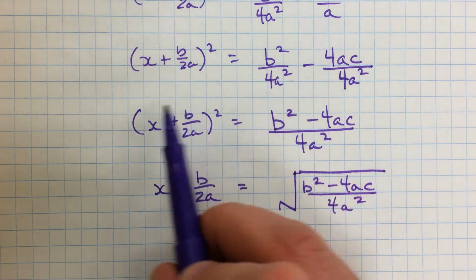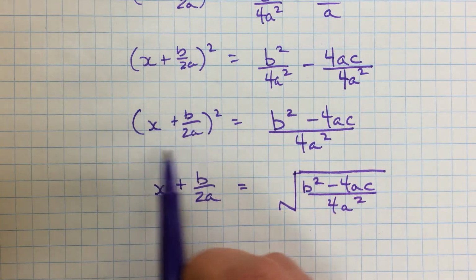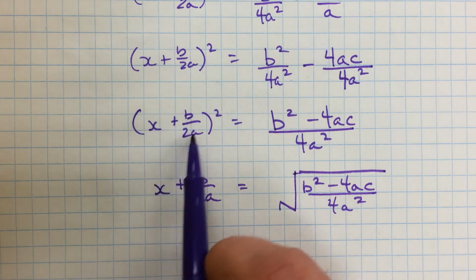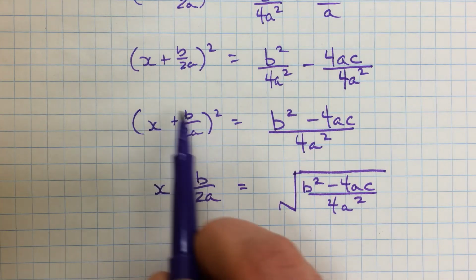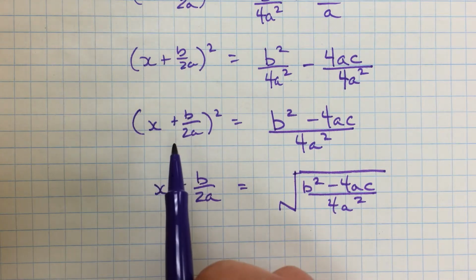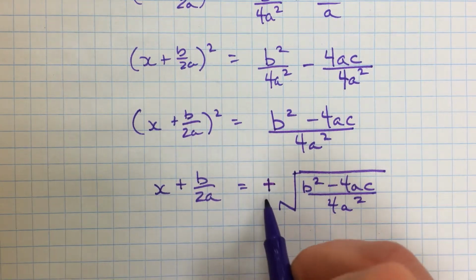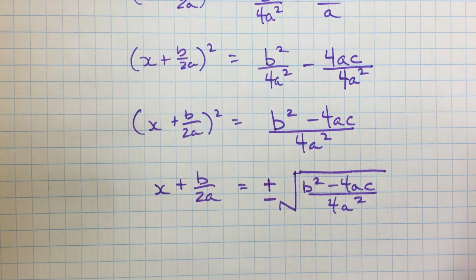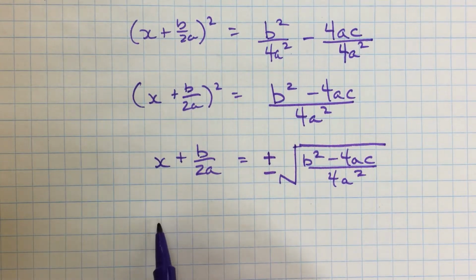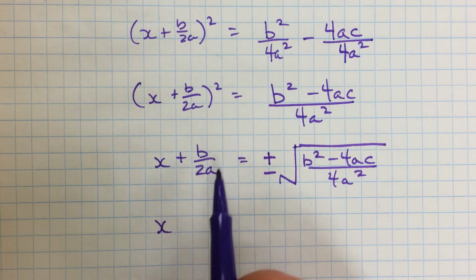But when I take the square root of this squared thing, it could be a positive value, or it could be a negative value. And so this thing inside of here could be plus or minus this giant square root. So now I have x, I'm going to move this to the other side.